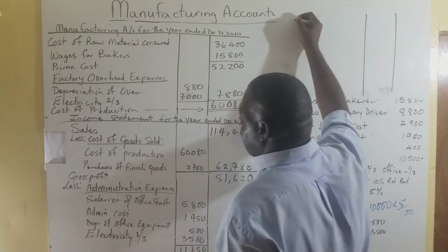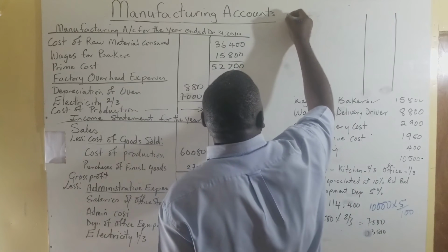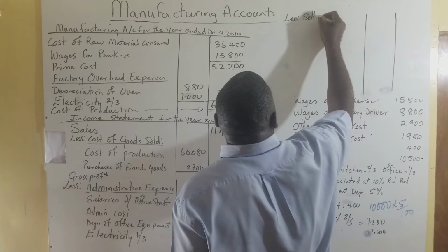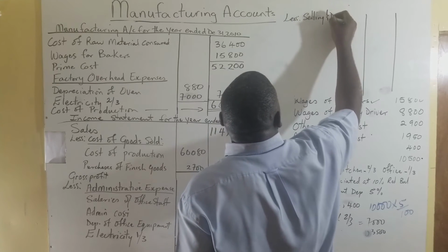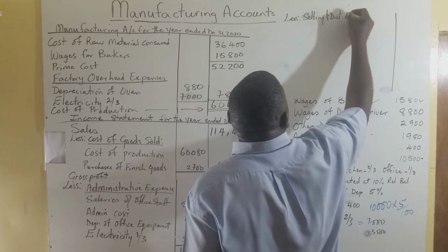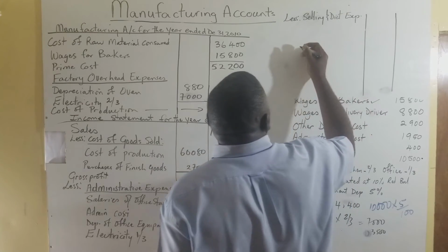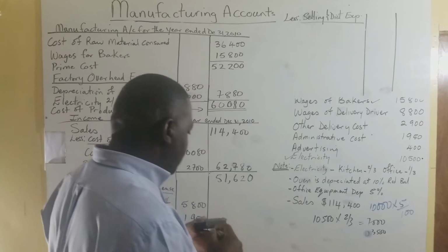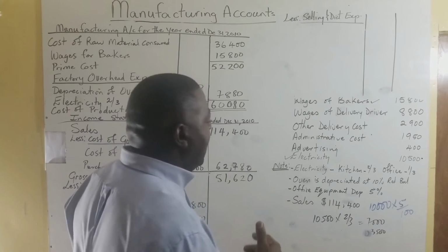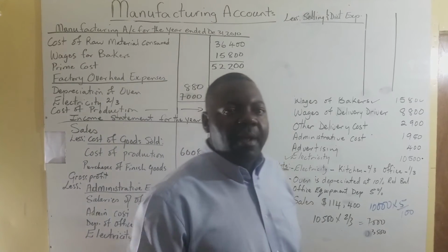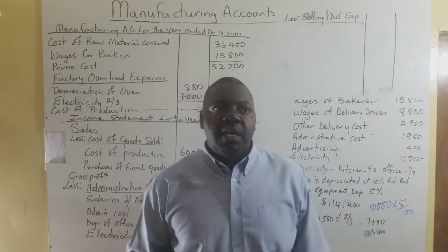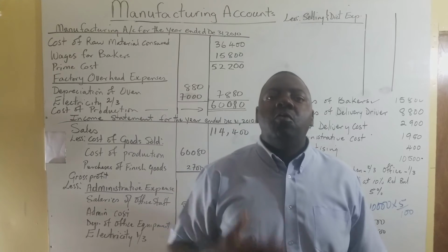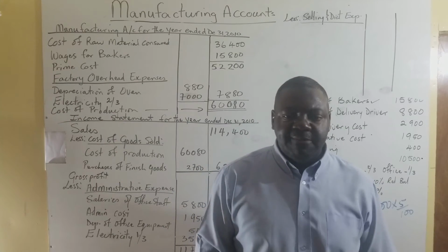All right, so we have what now? This we're going to less the selling and distribution expense. The items here on selling and distribution are those costs or expenses that we incur as a result of moving the goods outside of the business.